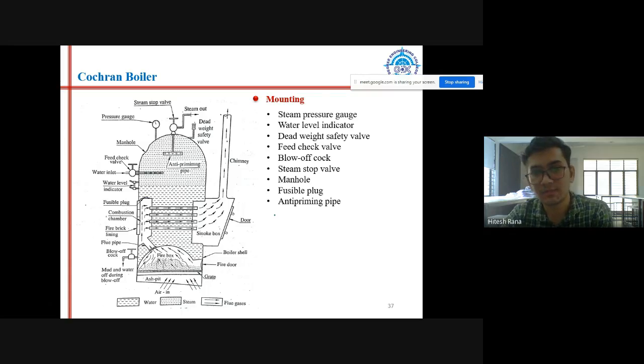And these are the different mountings used in this boiler. Okay, you will have better idea of mounting once we start the chapter of mounting and accessories. Right now, you take it for granted.